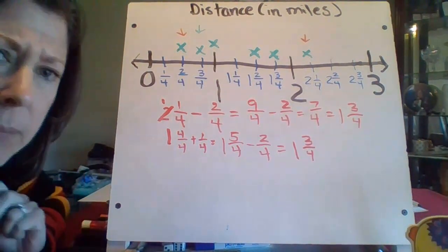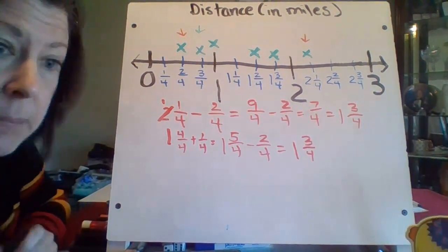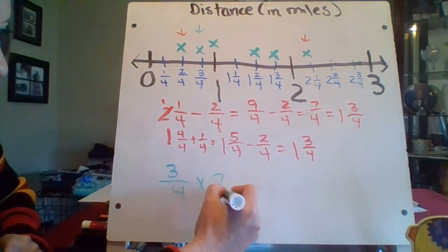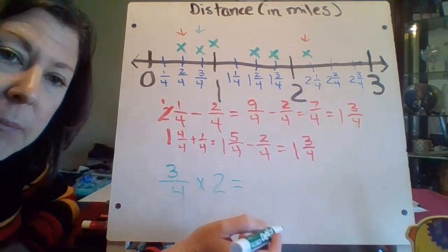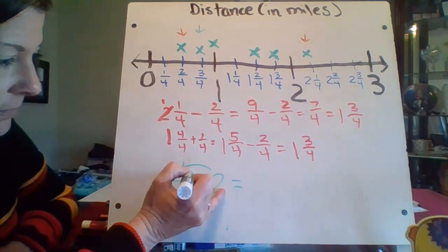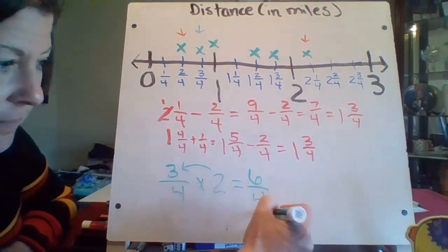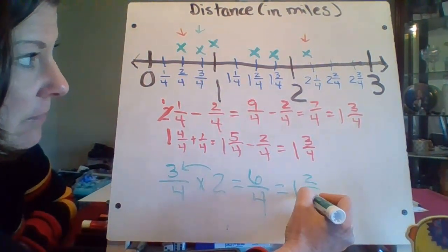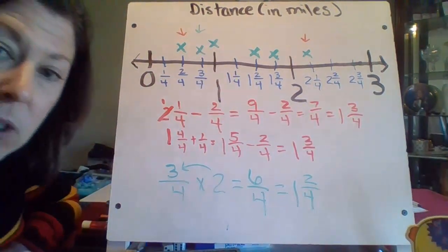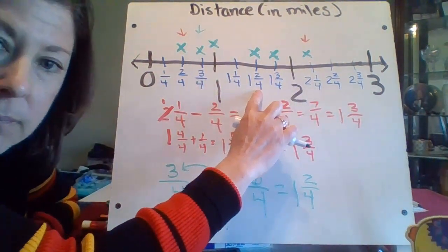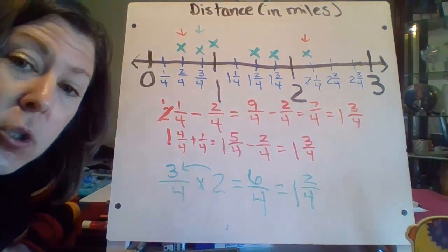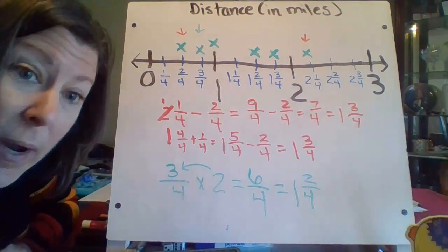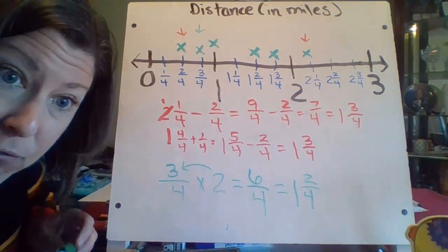If you're doing something twice, how many times are you doing it? 2 times. So it's 3/4 times 2. I end up with 6/4, which is equal to 1 2/4. 1 2/4 was person D. So person D ran twice as far as person F.